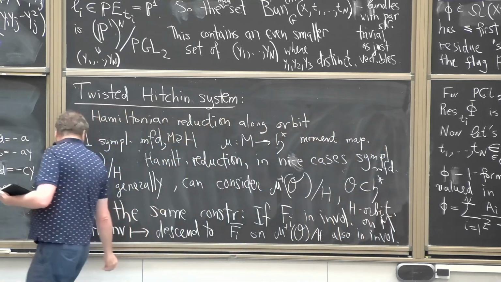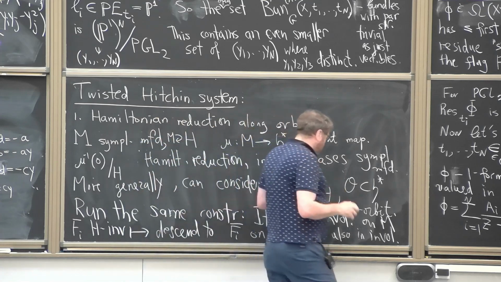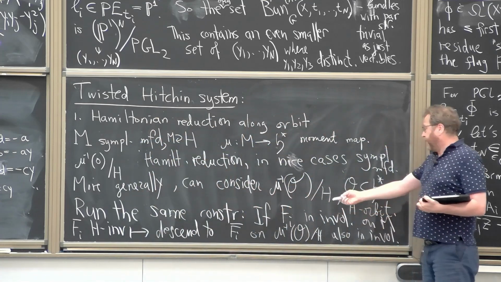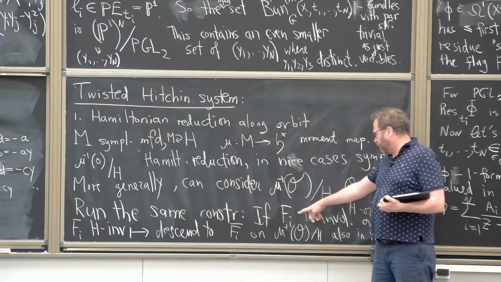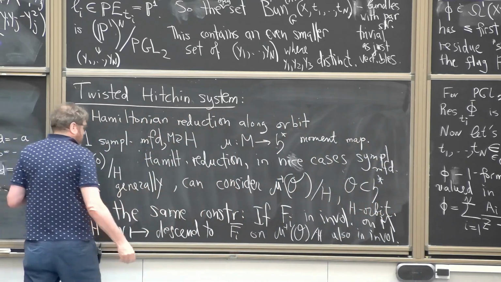And the proof is the same, actually. Sometimes you have too few functions upstairs, but when we go downstairs, you have just the right number.